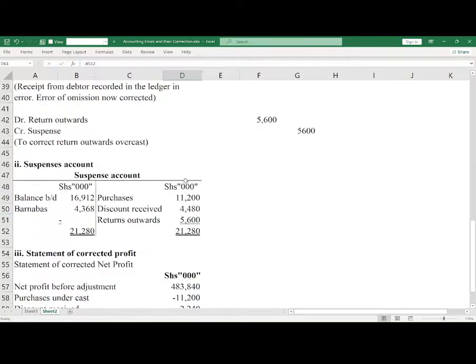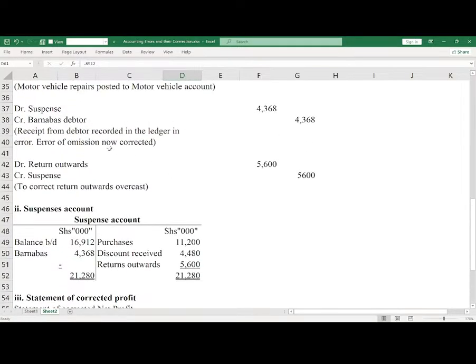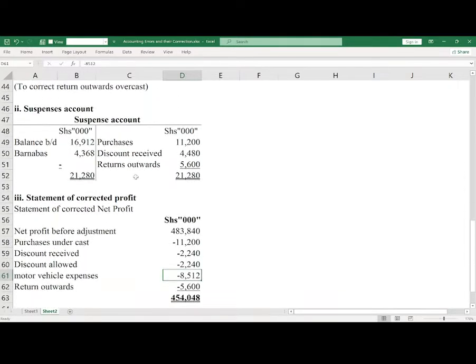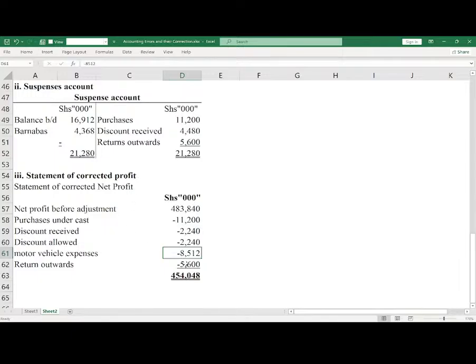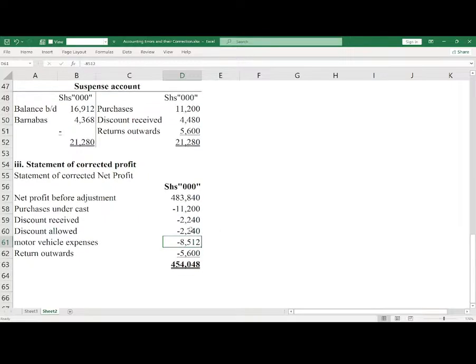And the last thing we have to do, we also have to subtract the return outwards, 5,600. So the 3 zeros will cater for the millions. So 483 subtract this, you get 454,048. So this is our corrected net profit.